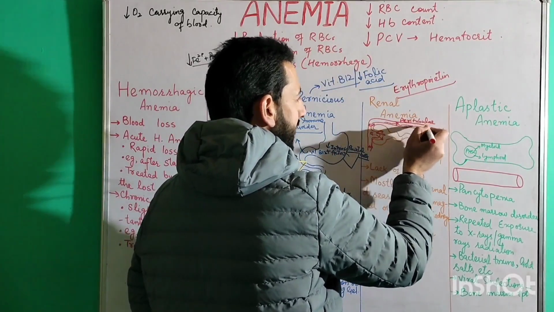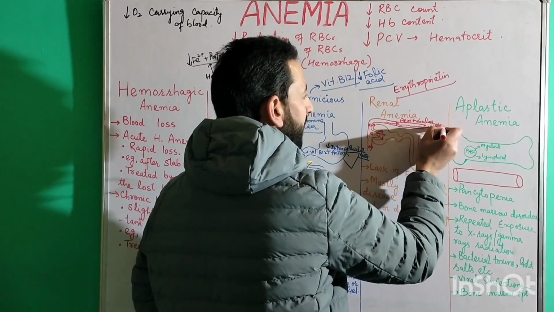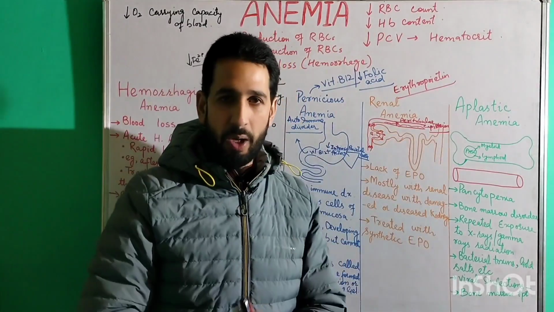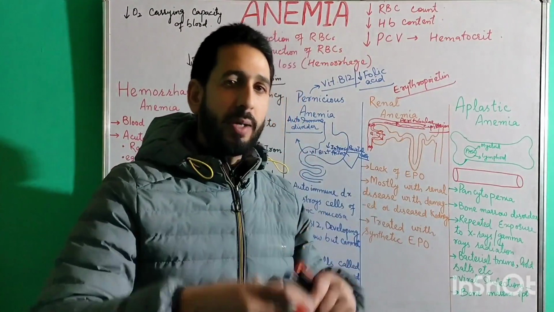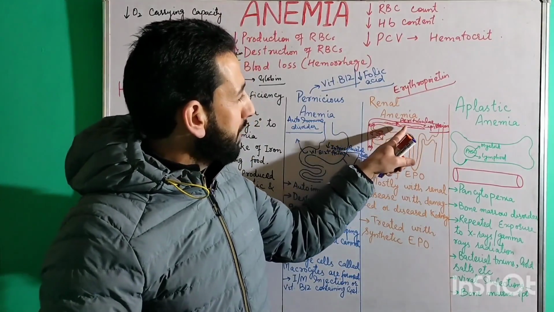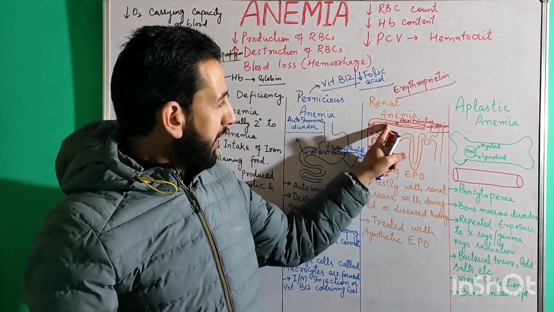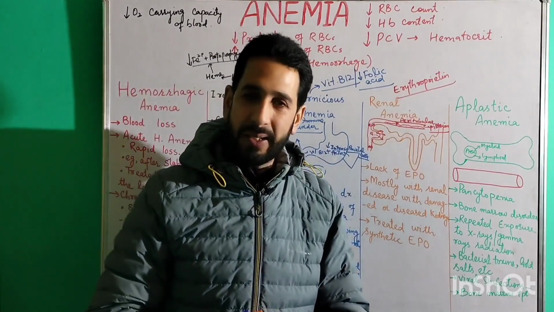And when there is decreased oxygen level in our body, hypoxia or hypoxemia, that decreased oxygen stimulates the endothelial cells in these peritubular capillaries, and these endothelial cells secrete erythropoietin.